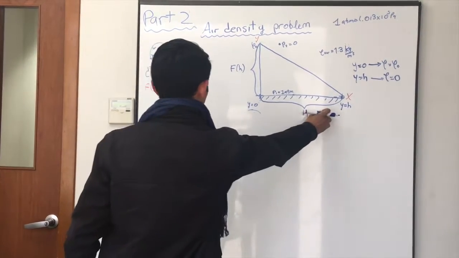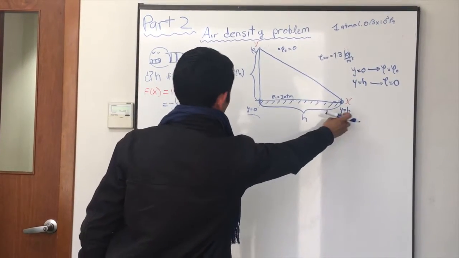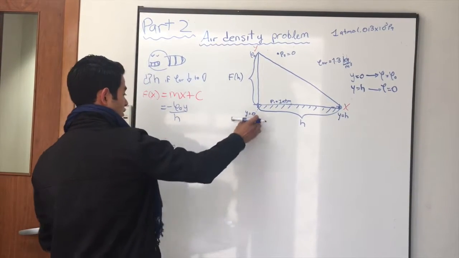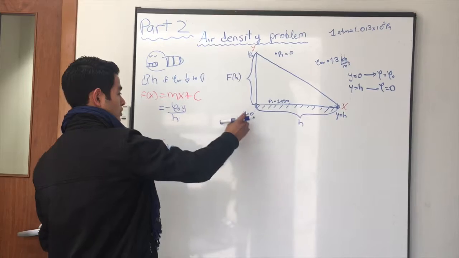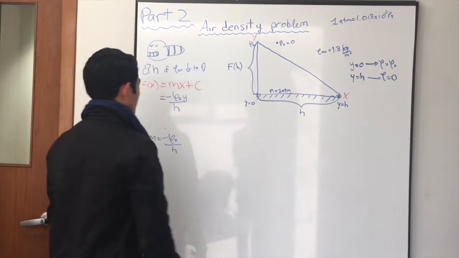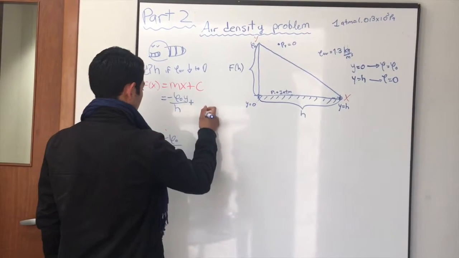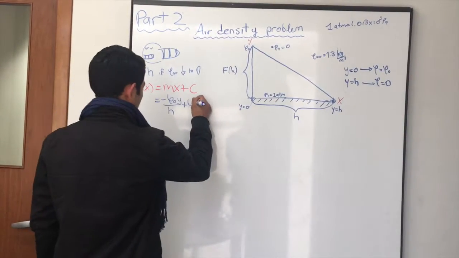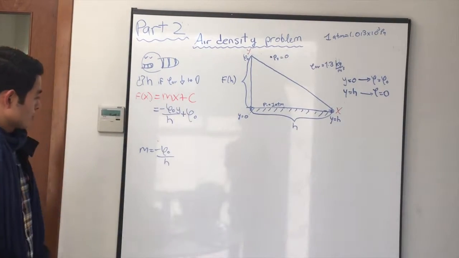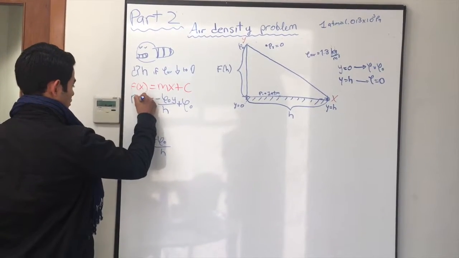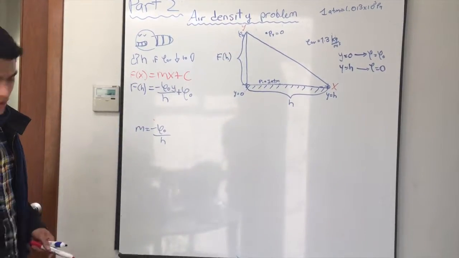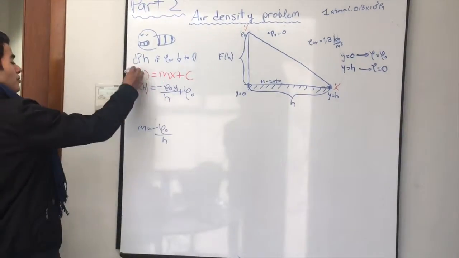Our x would be our y, because remember that over the x-axis we have our y's, and the constant would be our initial density. All this would be our equation. So as you can see, it's pretty much the same.